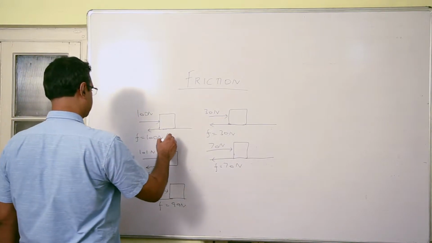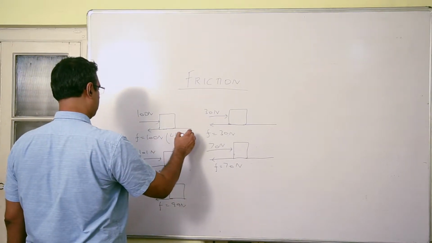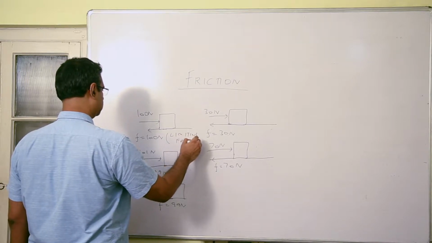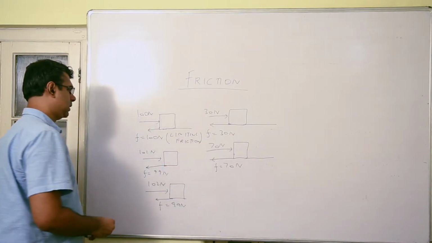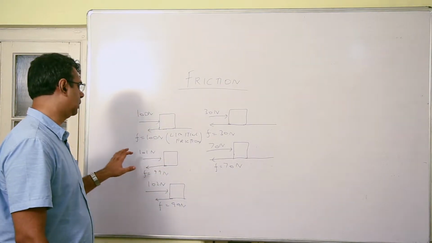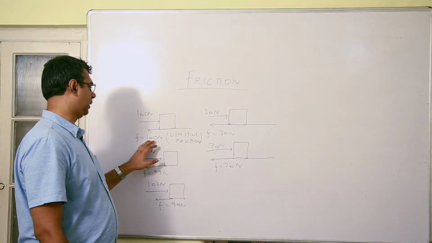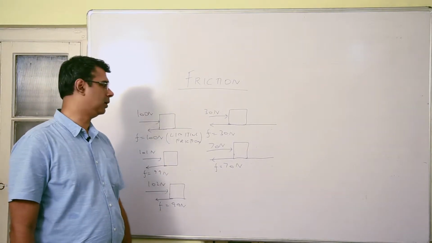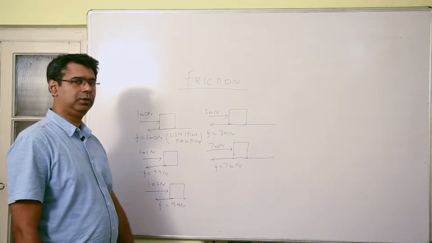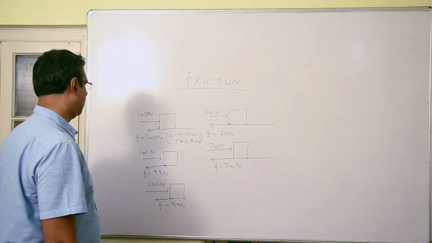So in this case, 100 Newton is called limiting friction. So this is an important thing, that there is a limiting value to the friction. Friction cannot increase beyond a limit. So in this particular context, the limiting friction value is 100 Newton.